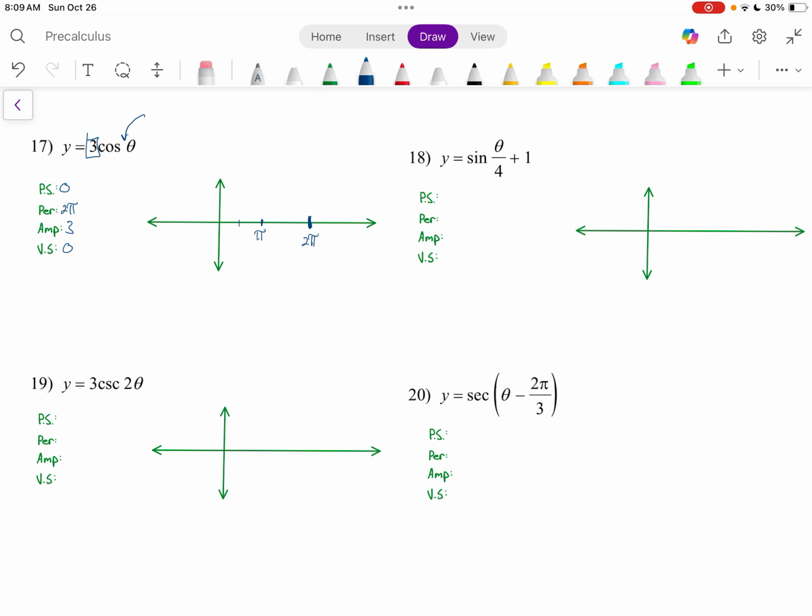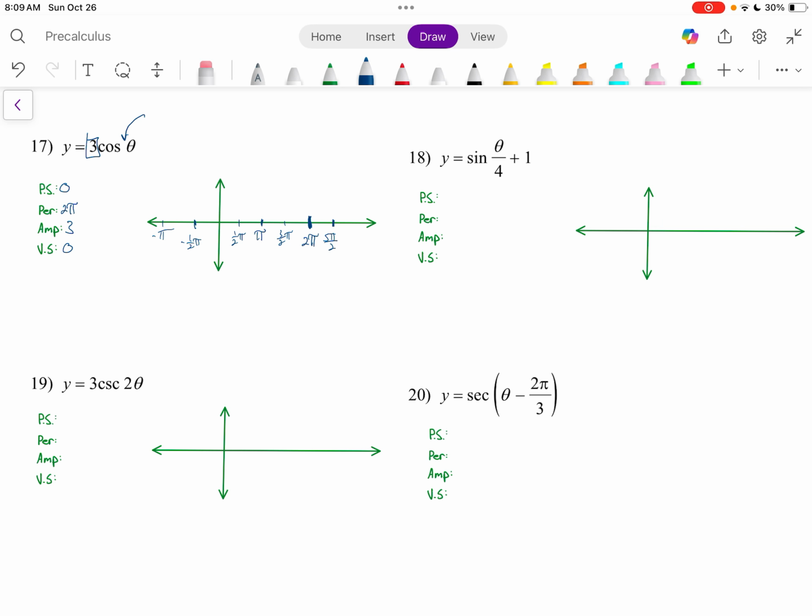Then this is half pi, or you could put pi over 2, and this is 3 halves pi, 3 pi over 2. And then we're going to go back to negative pi over 2, maybe back to negative pi. And then this one right here, we would go up another half. So this would be 2.5 or 5 pi over 2.